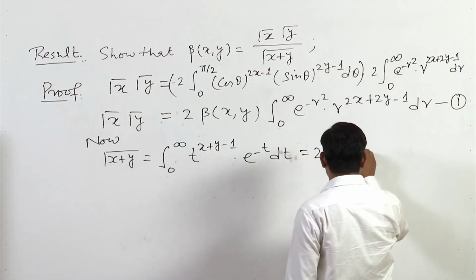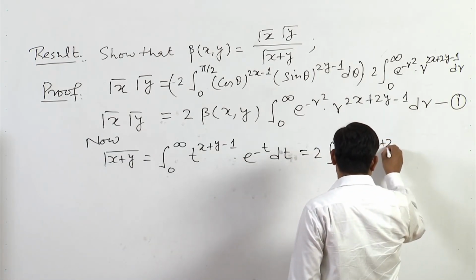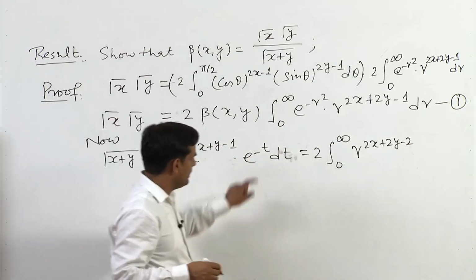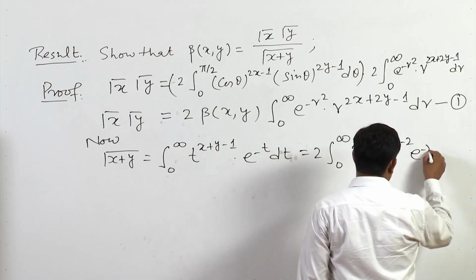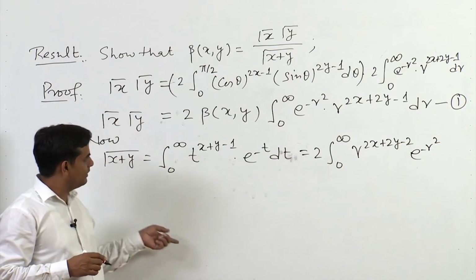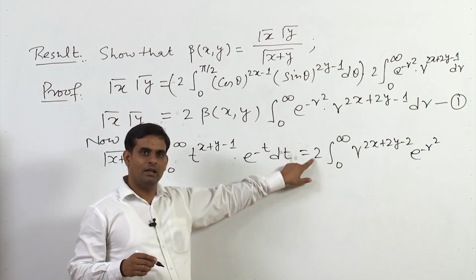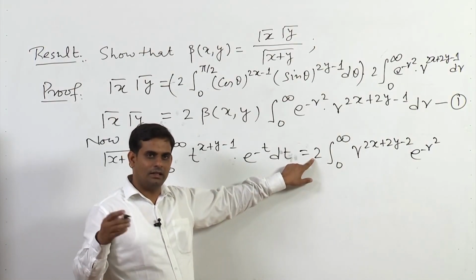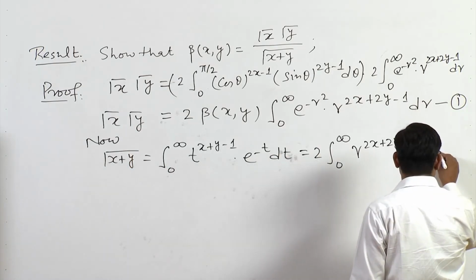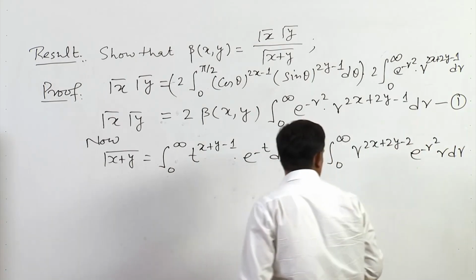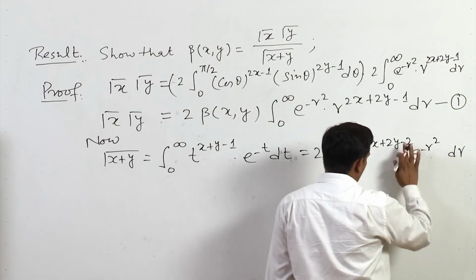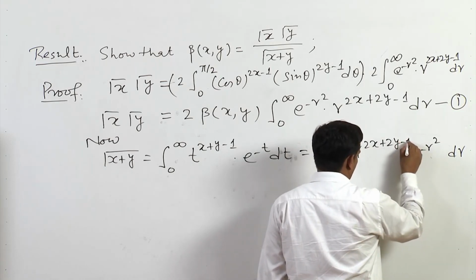So, it will become r raised to power 2x plus 2y minus 2. e raised to power minus t will become e raised to power minus r square, and 2 I have taken already, r dr, dt will become 2 r dr. So, 1 r will come here, r dr. So, I can take out this r and I can write out here.